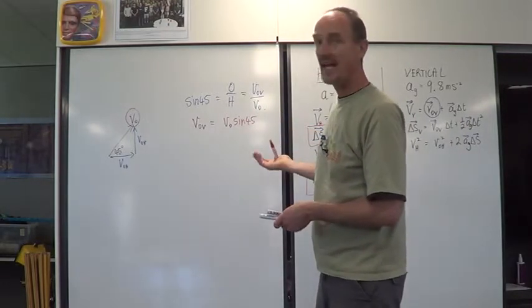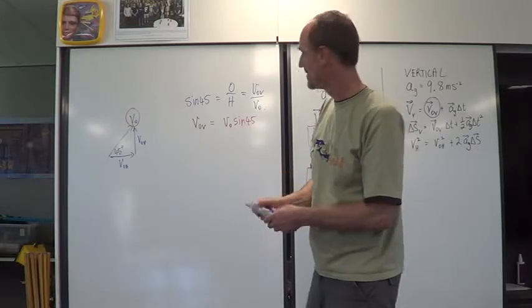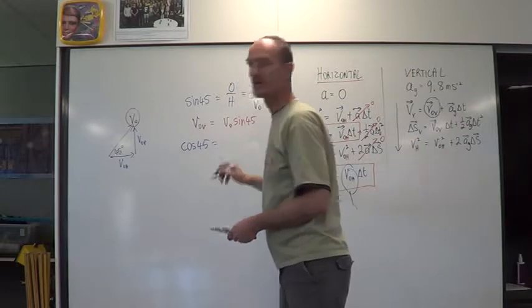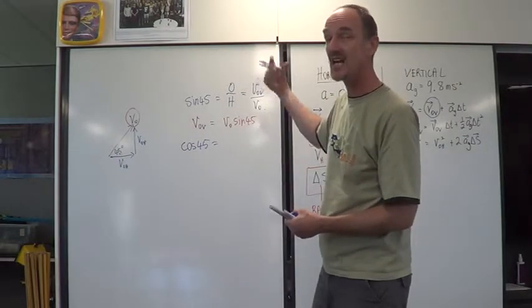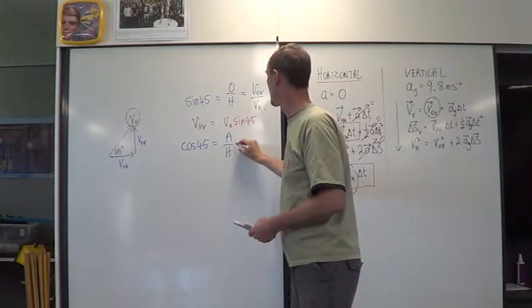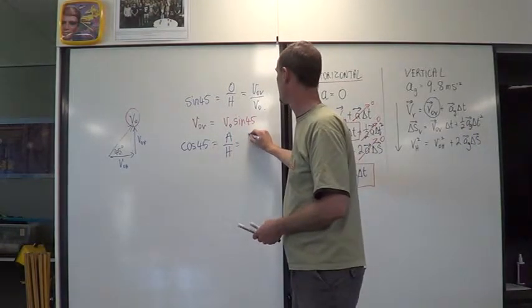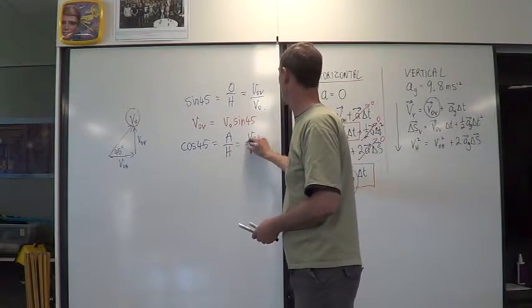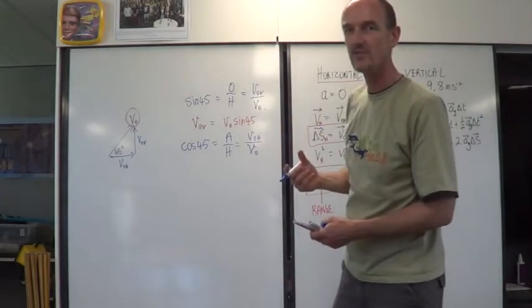All right? And similarly, cos 45 is the adjacent over the hypotenuse. v0H over v0.